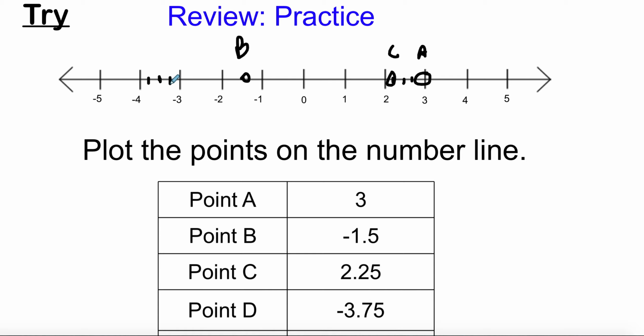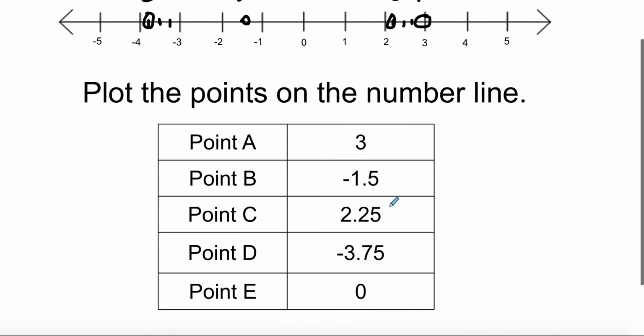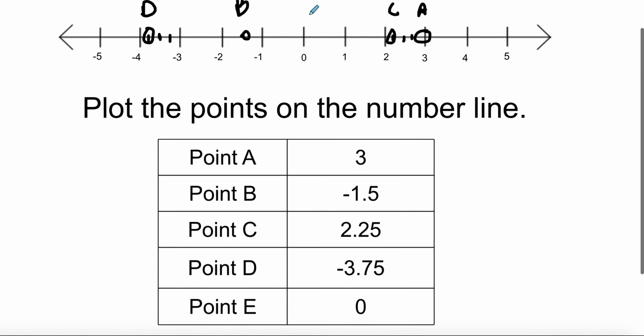So we have 4 quarters here. 0.75 is close to -4, so it's -3.75, which is point D. Beautiful. Now, what about 0? Point E is here. All right, I'm going to do some of the problems, guys, so you can copy these and put them in your notes. And I'm going to let you do some of them.